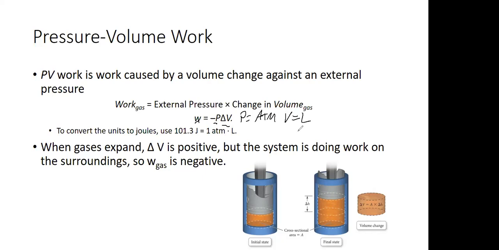And the reason for that is we need to have work in a unit of energy. Our unit of energy here is joules. So when we have a unit of atmosphere times liters, we can convert that into an energy by saying 101.3 joules equals 1 atmosphere liter. So that's why we want pressure in atmospheres and volumes in liters.